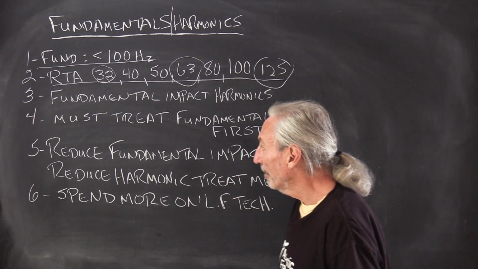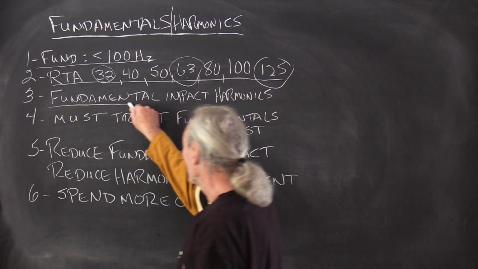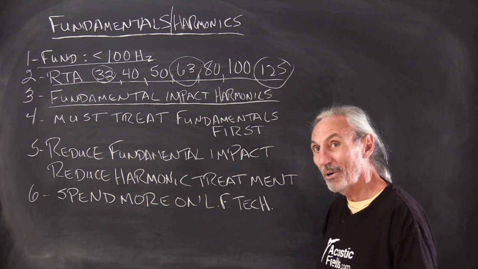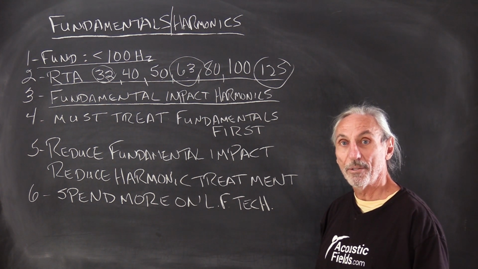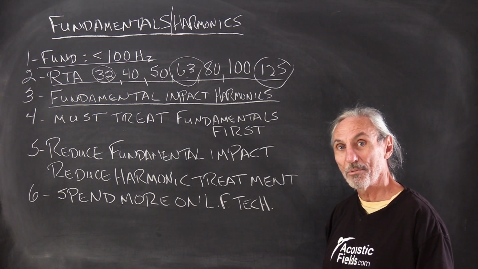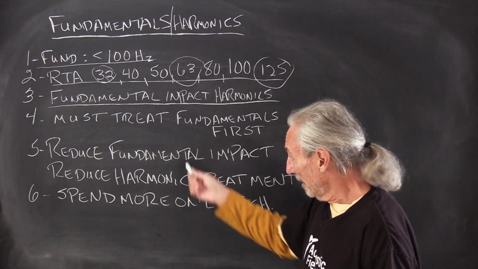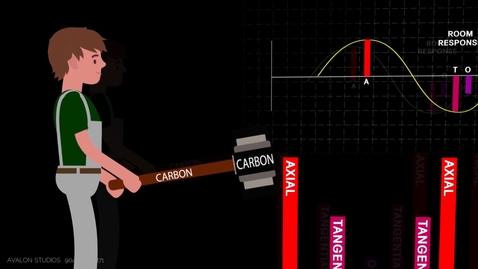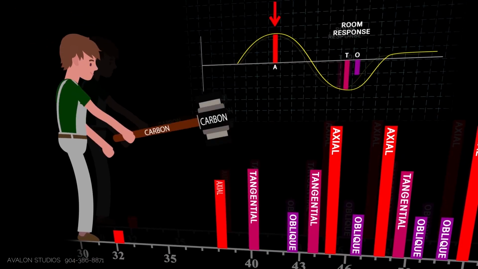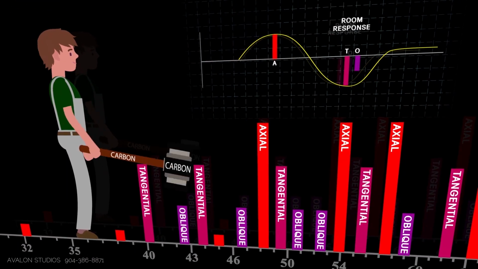So we have to realize that the fundamentals and the harmonics are all one family. The fundamentals are the mother and the father, and then the harmonics are the children. We have to reduce the impact of the fundamentals so the harmonics can be free and won't complain so much.